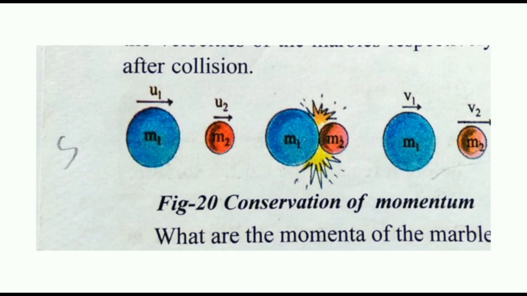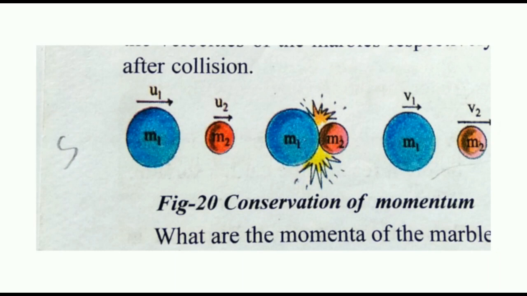They collide with each other, and the collision lasts for a time t, which is very small. During the collision, the first marble, which has mass m1, exerts a force F21 on the second marble, and the second marble exerts a force on the first marble.